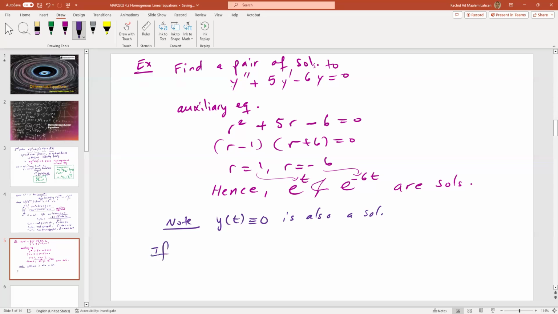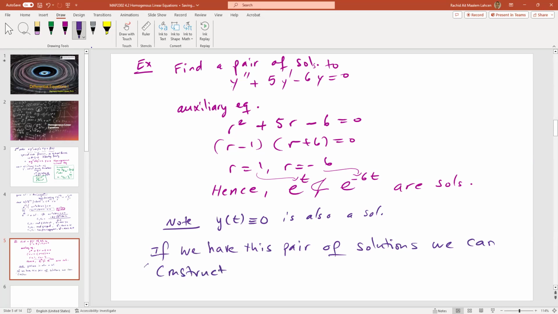If we have this pair of solutions, we can construct an infinite number of solutions. And how?